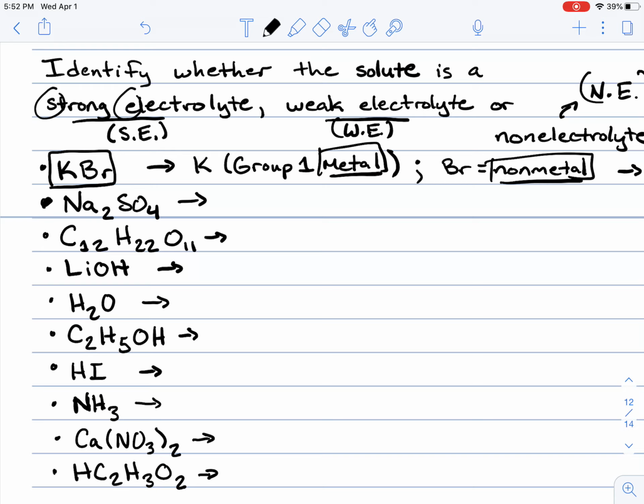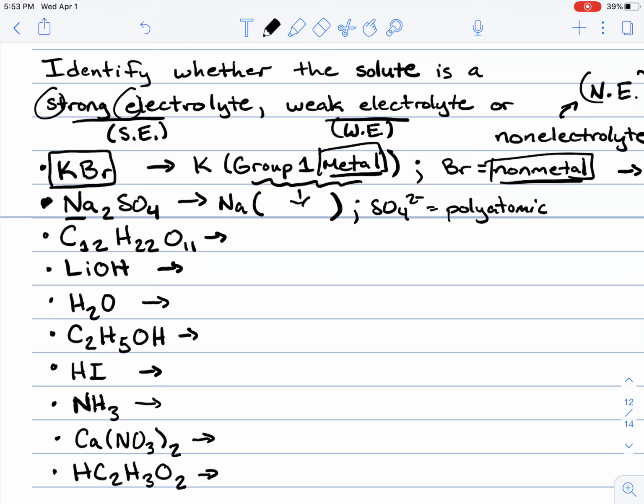Looking at the first element, sodium, sodium is once again a group 1A metal. And sulfate is a polyatomic ion.